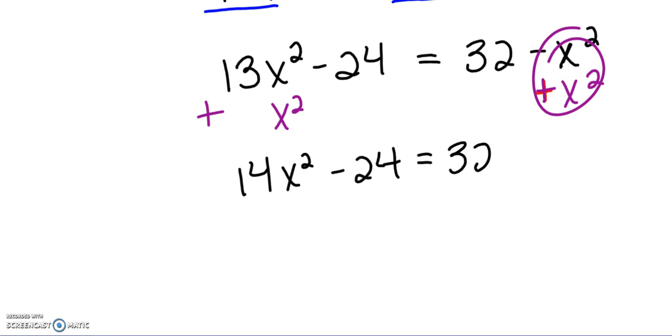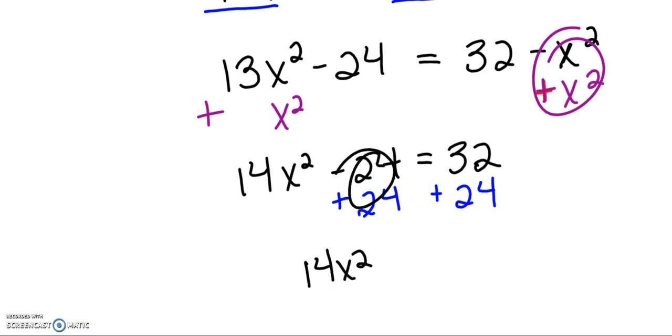So a little review of variables on both sides. Now, since I put the x's on the left-hand side, I'm going to get all the constants, which are numbers without variables, to the right-hand side. So now I have 14x squared. This cancels out to 0. 32 plus 24 is 56.